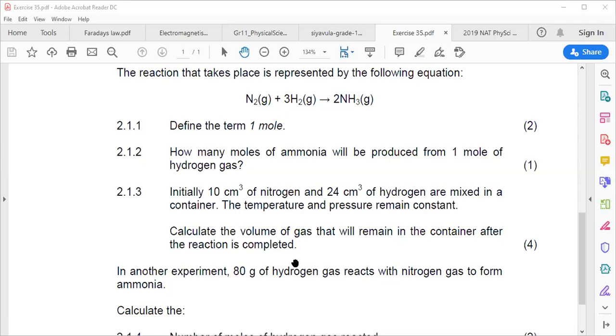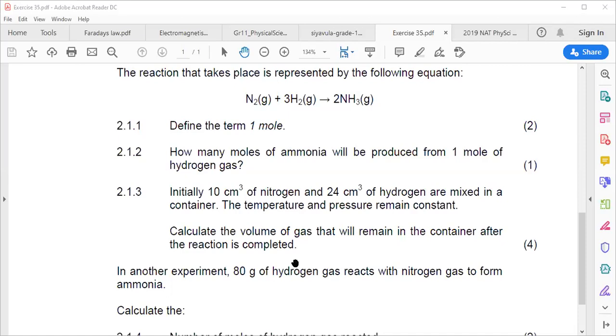Right? What do you understand here? What does the question want from us? Yeah, what does that mean? Is it comparing or just the amount of the gas?